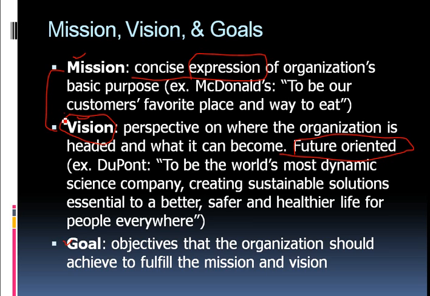To achieve that vision, what they have to do, that is the mission. Okay? And to achieve the mission and vision, they need some objectives they have to achieve. That is a goal.